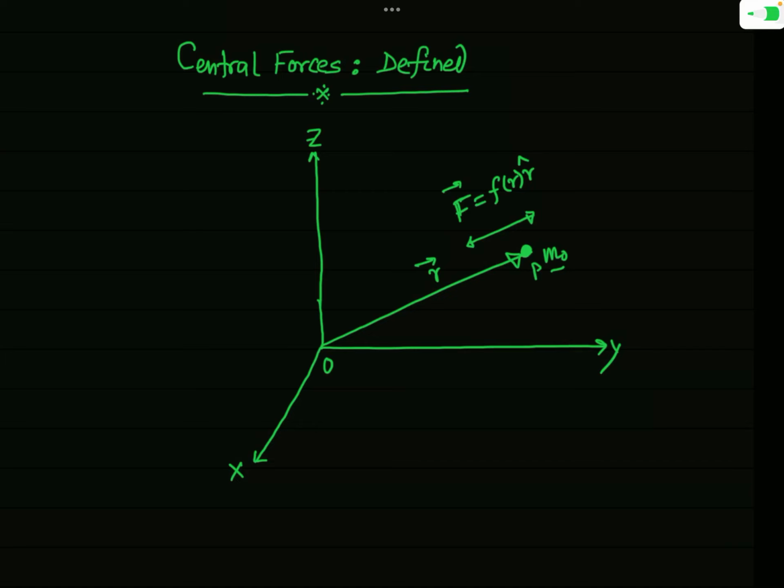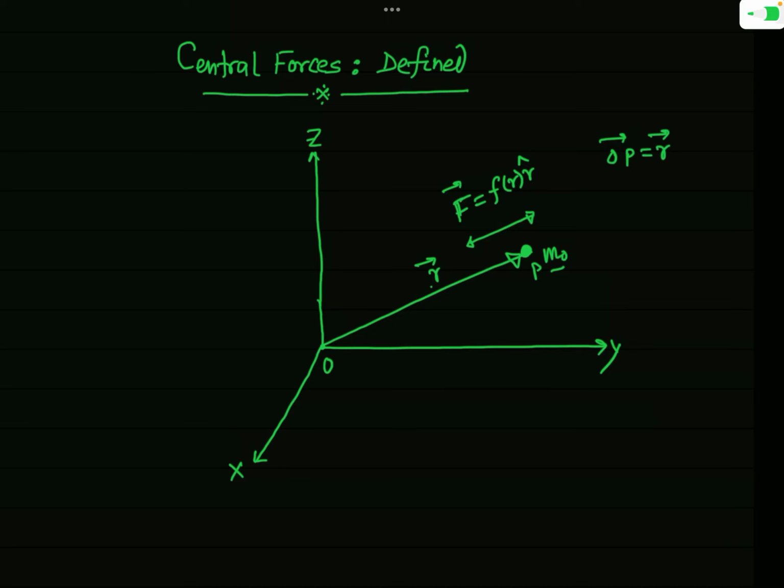With respect to the origin of this coordinate system, the position vector of this point P I have taken as r. So you can say that the vector OP is equal to r, which is the radius vector or the position vector of the point P, where the point mass m0 is located with respect to the arbitrary origin.